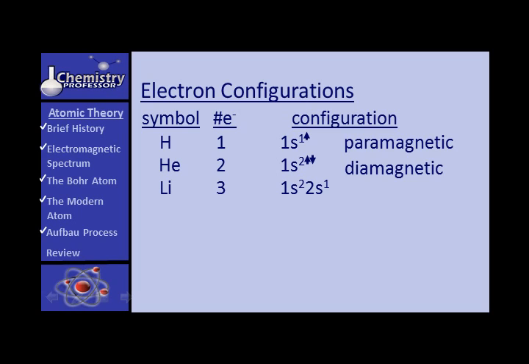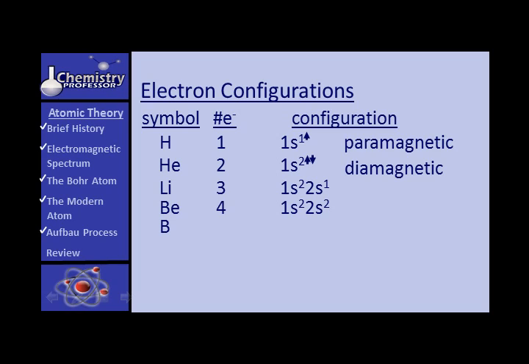Why, lithium is going to be paramagnetic. Let's go now to beryllium. Beryllium has 4 electrons. Where do they go? Well, 1s2 and 2s2, and everybody is spin paired. What's next?